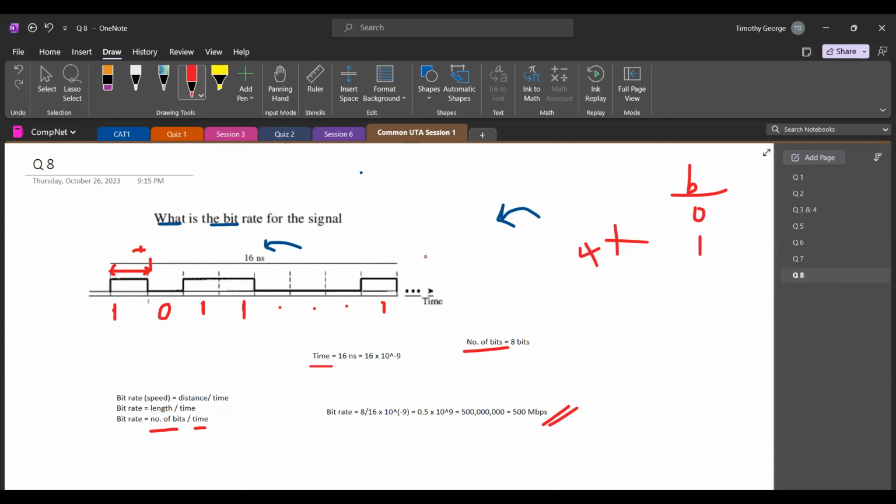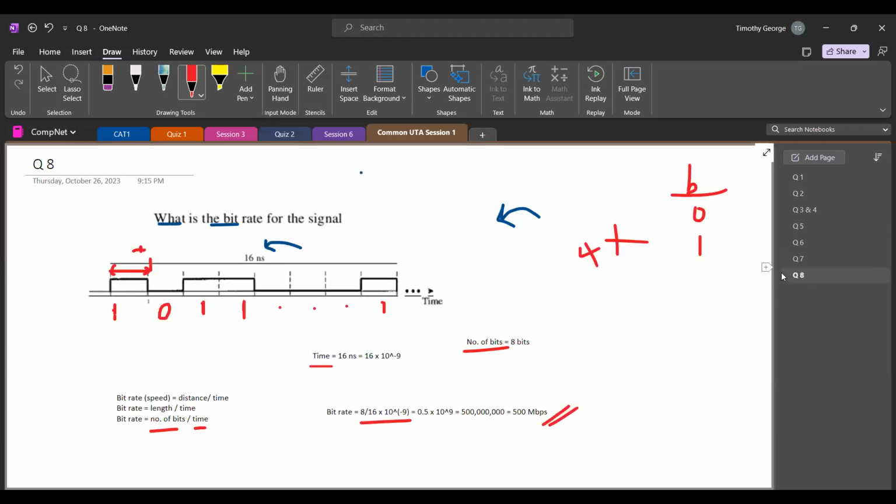How much will one bit take? Bit rate is how many bits in 1 second. So 8 bits in 16 nanoseconds, and in 1 second, how many bits? You end up with the same final answer.